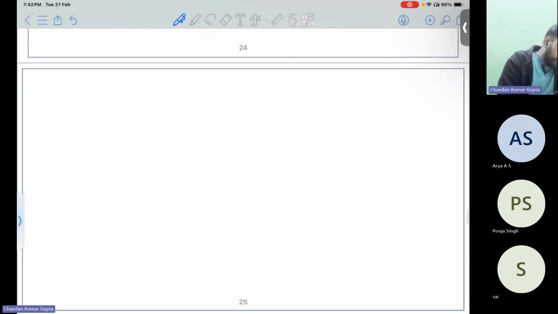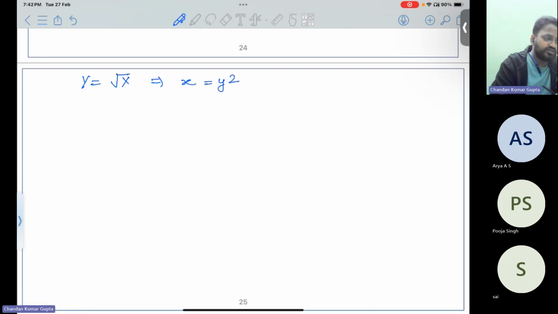Okay, we may also use another approach. Here we are given the transformation equation y equal to root x. So from here we may write, in small letter, x is equal to y square. This implies dx upon dy is equal to 2y.